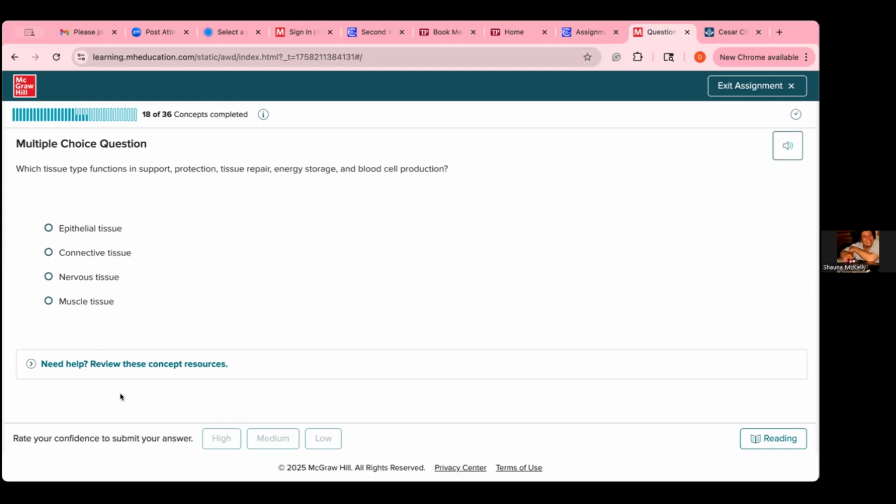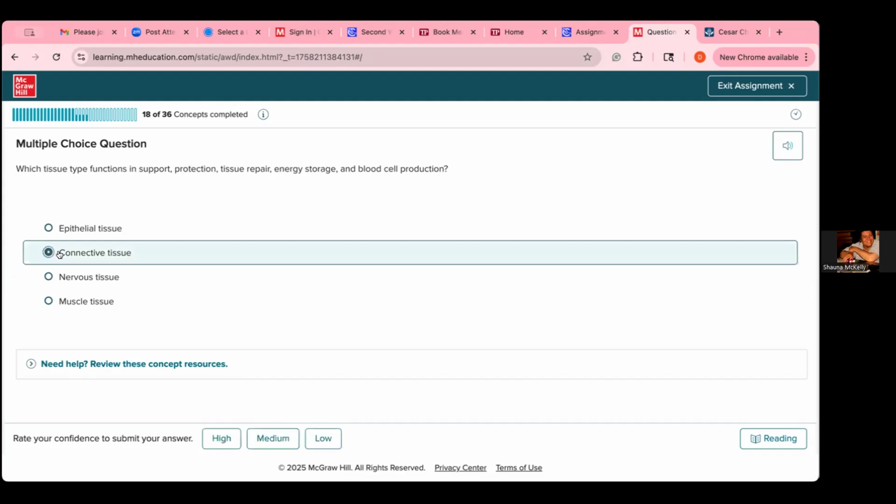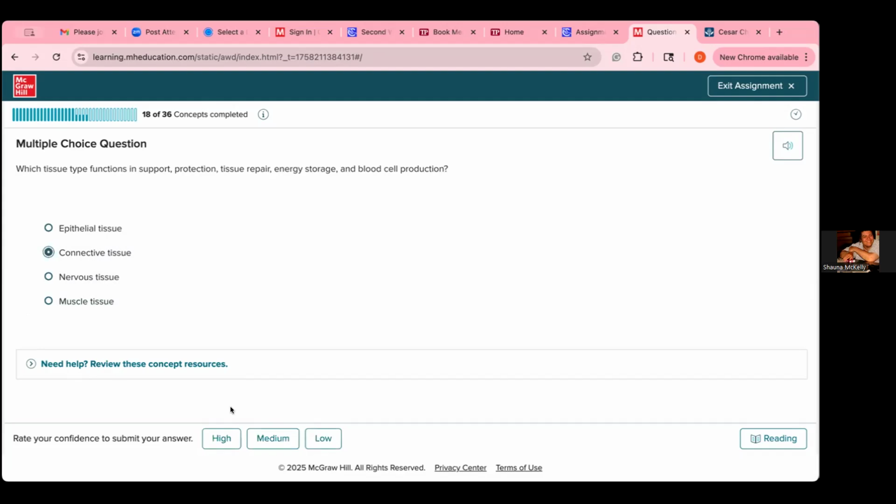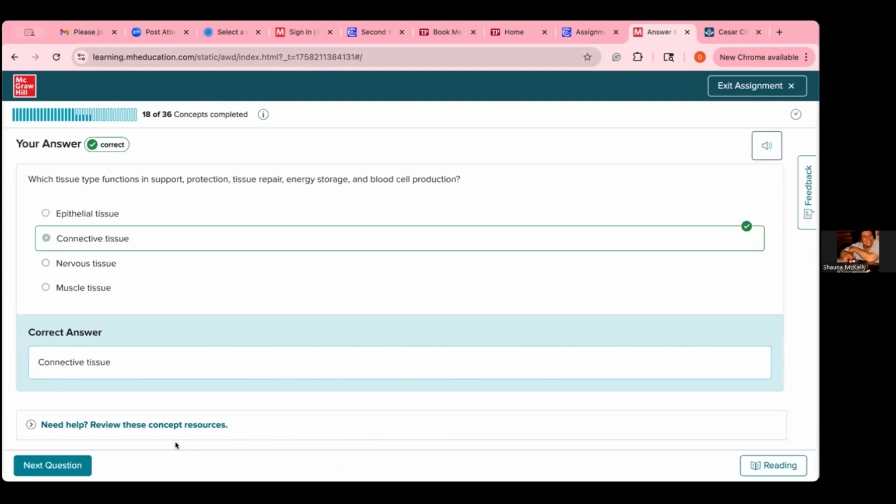That would have to be connective tissue, I would think, because blood cells are produced by bones, and bones are connective tissue. So try connective tissue, because that's a lot of functions. Support, protection, tissue repair. Yeah. Connective tissue, I think.